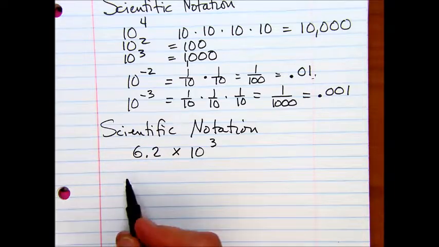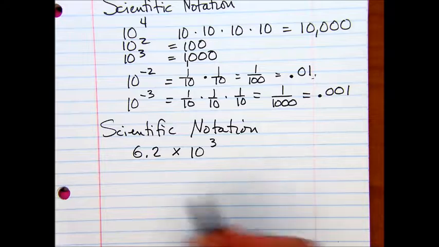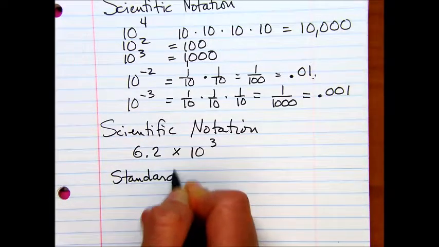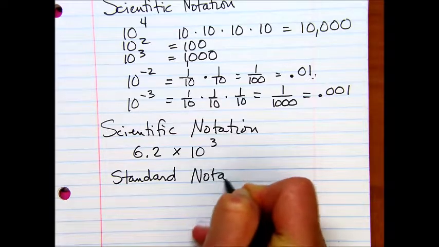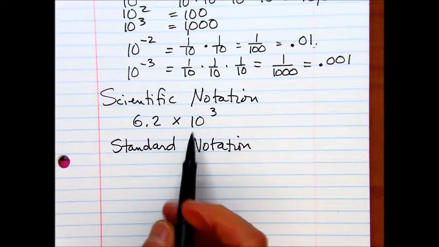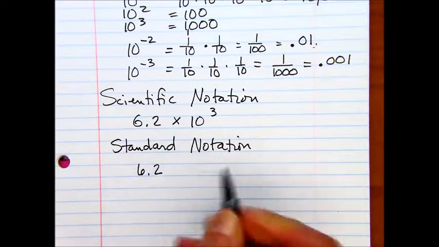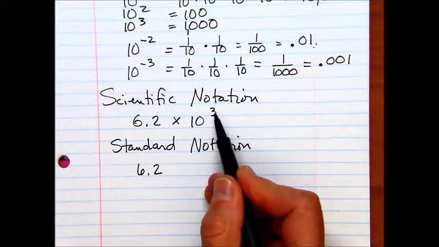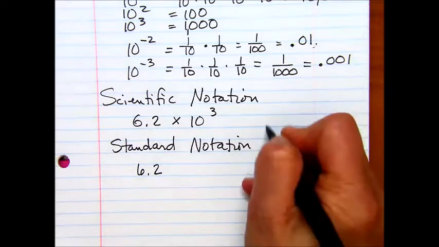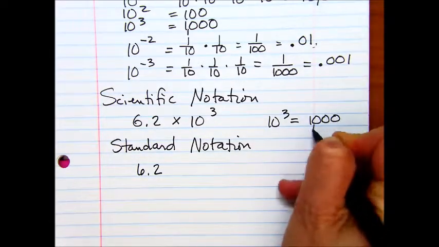And what we would want to do, if we want to know what that number is, we would convert it to standard notation. And basically what we're doing is we're going to be taking this 6.2 and we're going to multiply it by 1,000, because 10 to the third power is 1,000, right?